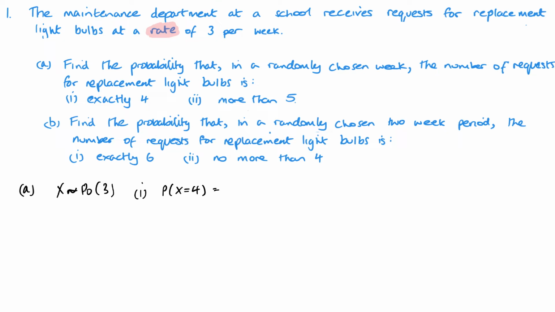So for this, it's obviously going to use the formula. So we get e to the minus 3 times 3 to the power 4 over 4 factorial. And this gives me 0.1680 to 4 decimal places.